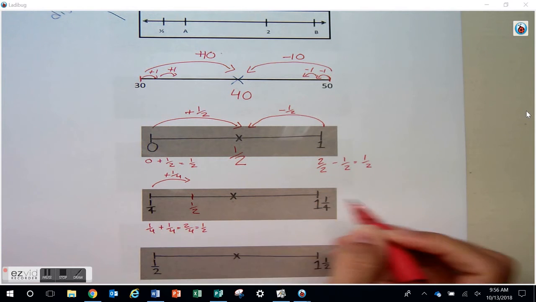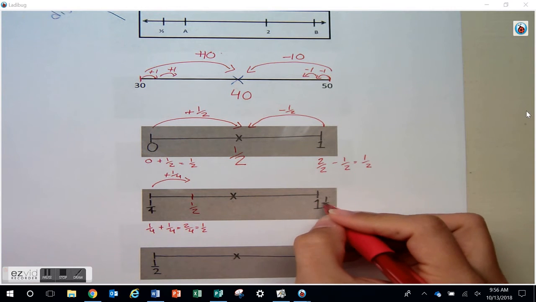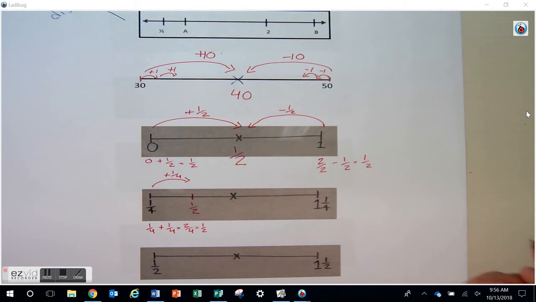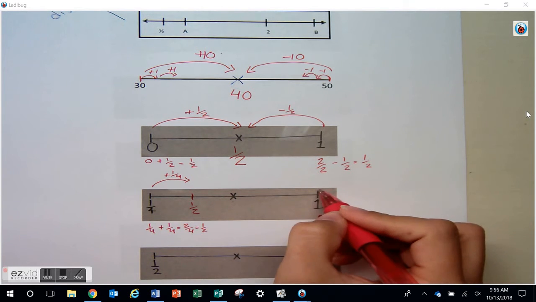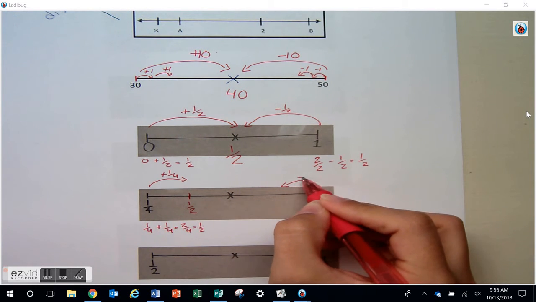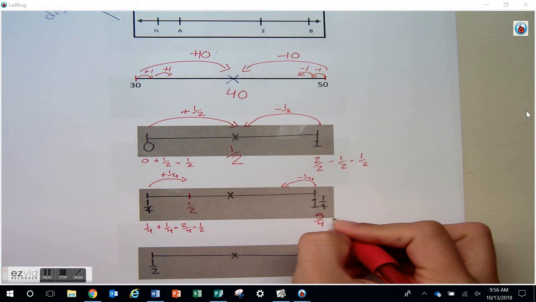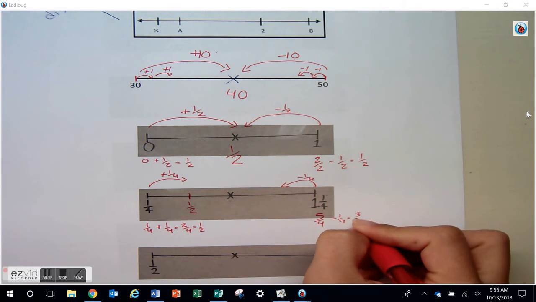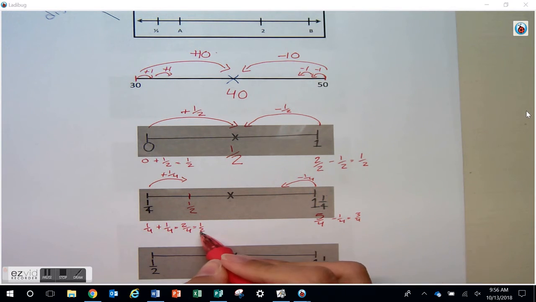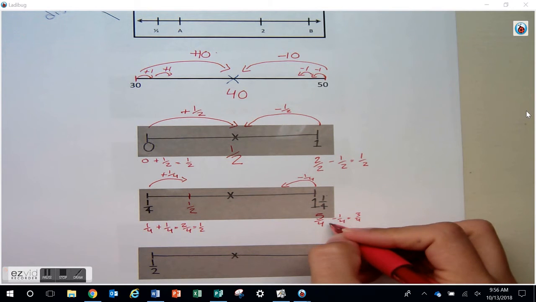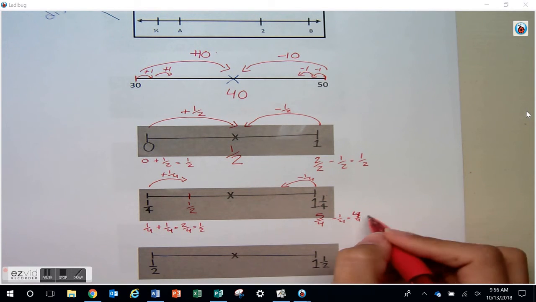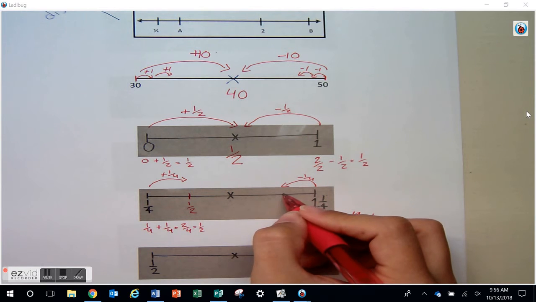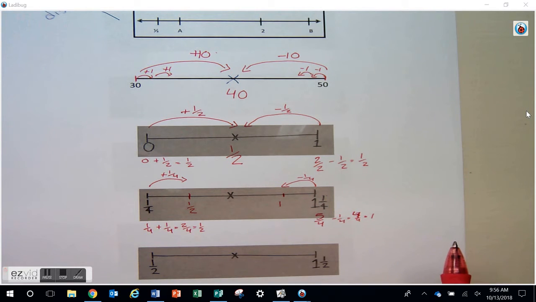I'm going to change that into an improper fraction, and this is going to be 5/4. So if I take 5/4 and I subtract 1/4, I get 3/4. Did I get the same answer? Or I'm sorry, 5/4 minus 1/4 is 4/4, which is the same as 1. Did I get the same answer? No. So right now I'm at 1/2 and I'm at 1.